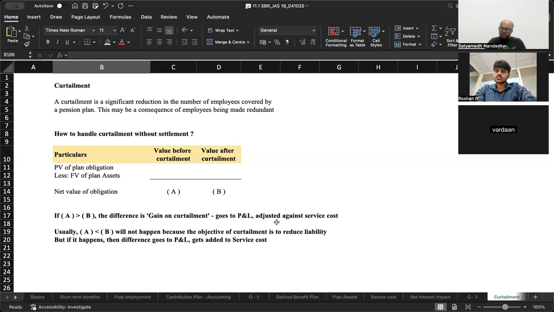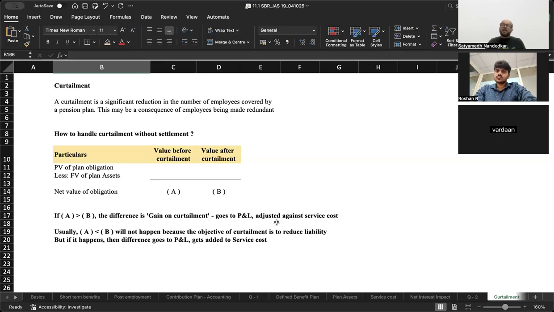And in most cases, it will create a gain on curtailment. This gain on curtailment is adjusted against service cost. It is not credited to P&L. These are situations where, say, there were 50,000 employees and you had promised them a certain amount on retirement. Now, from the next year, they won't be there, but you are not settling the amount payable to them. You are just removing them from your books, from your muster, and from your records.